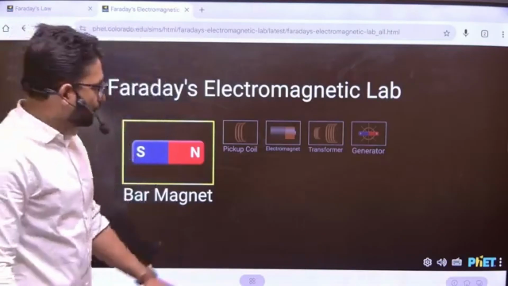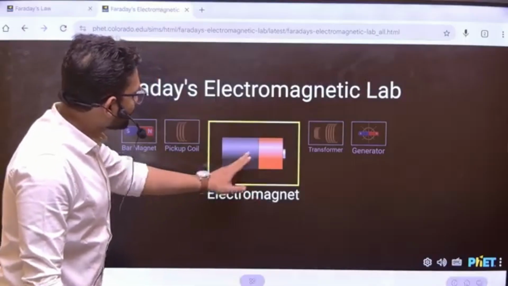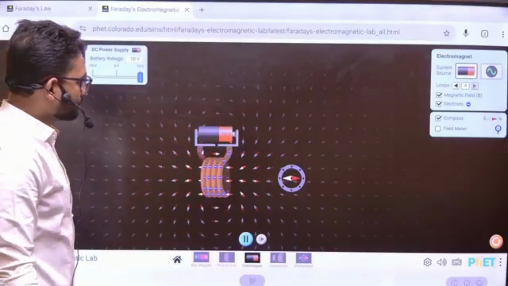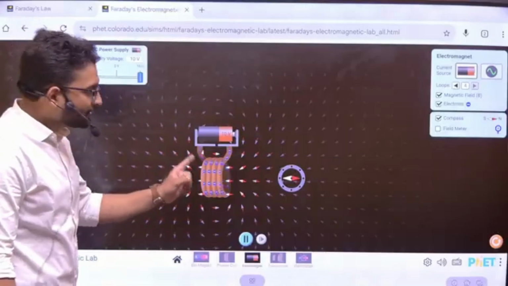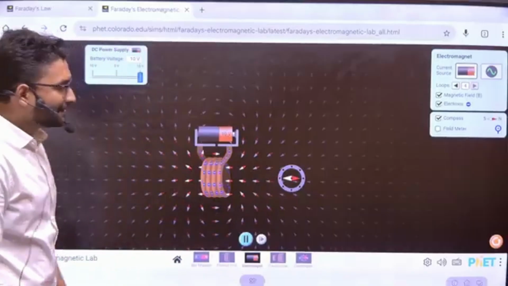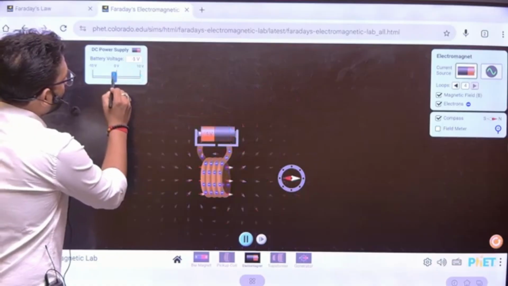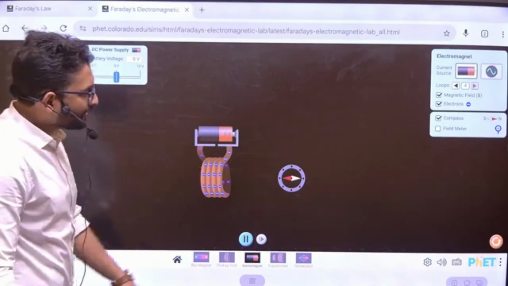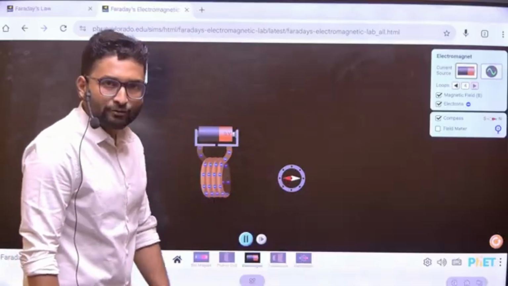All right. So first we will see the Oersted experiment. See, this is a coil which is connected to a battery, and this is a magnetic needle. If I make the voltage 0, then you see this magnetic needle is pointing towards north and south.